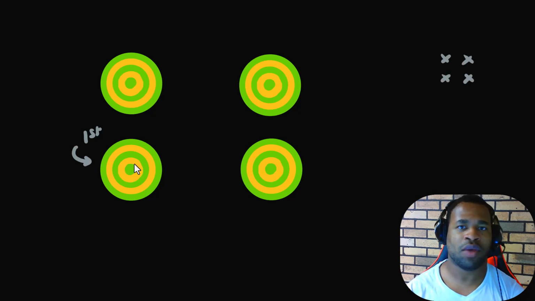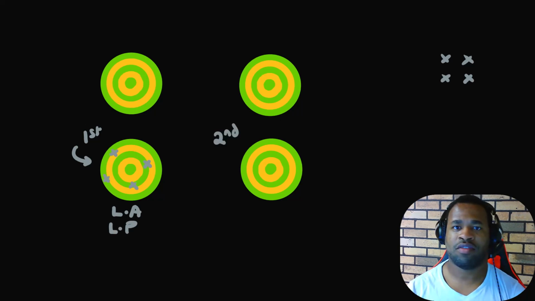Let's say, for example, showing an illustration, we have the first board located right here, and we want to hit arrows on the board. Hitting the arrows on this board shows the following result, which implies that we have both low accuracy and low precision.